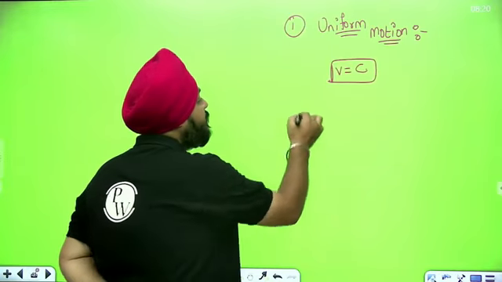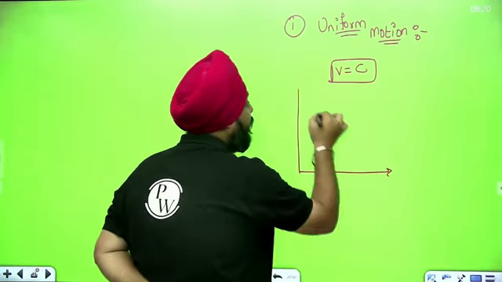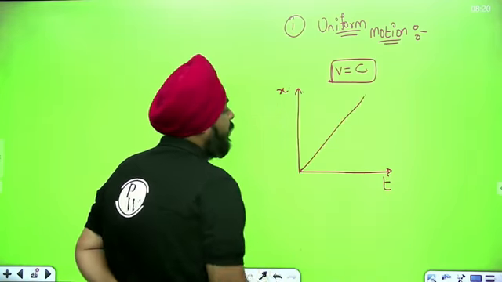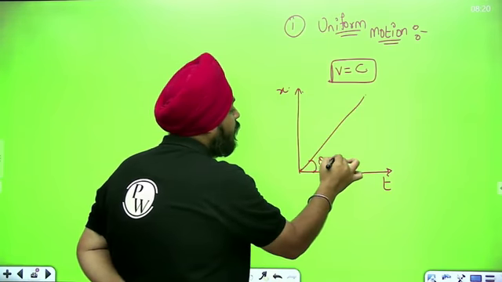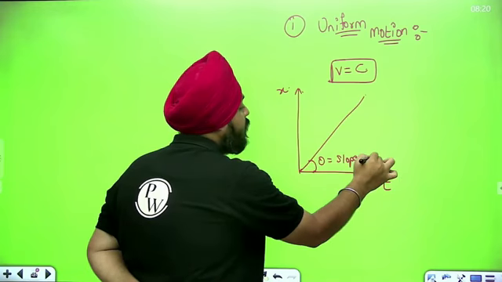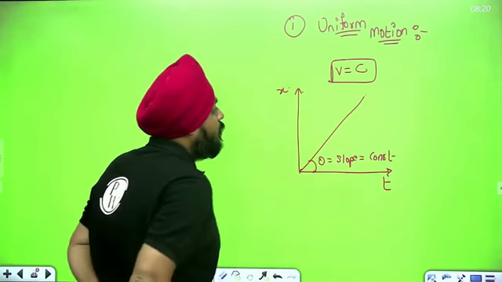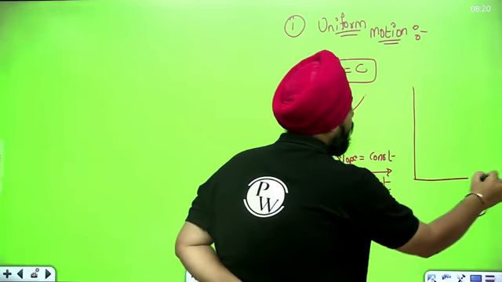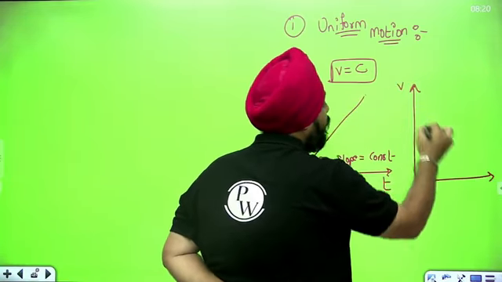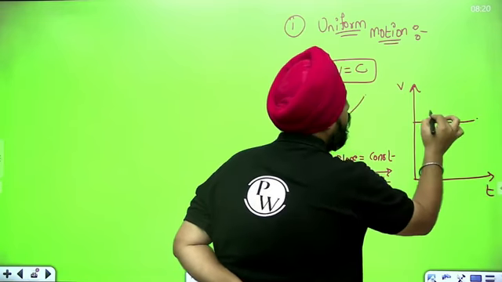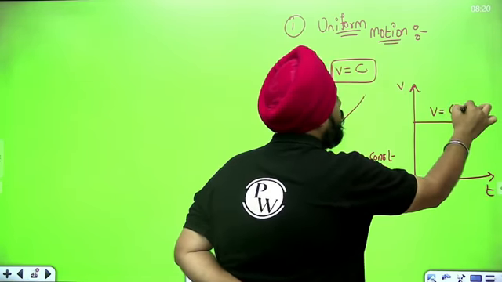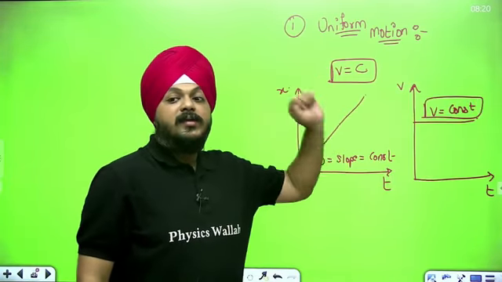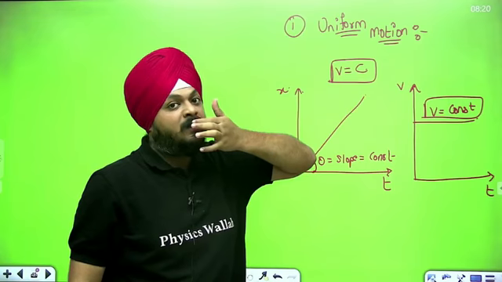So its position versus time graph is going to be like this, in which this is the slope and that slope is constant. The velocity versus time graph is going to be like this, because it is uniform motion, constant. Now as this is a rectilinear motion, we can say the speed and velocity both are constant.